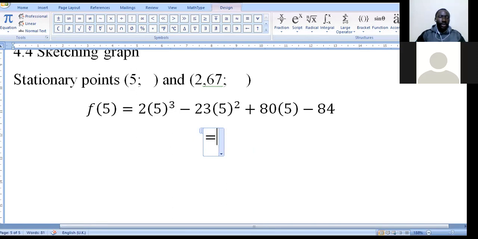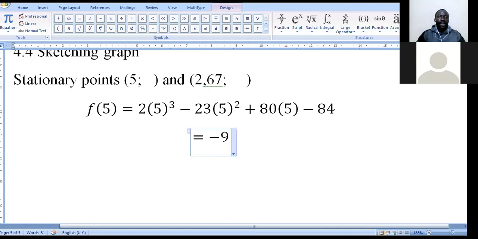This is 2 with 5 cubed, then minus 23 times 5 squared, plus 80 times 5, minus 84. That gives us -9. Is that what you guys have got?